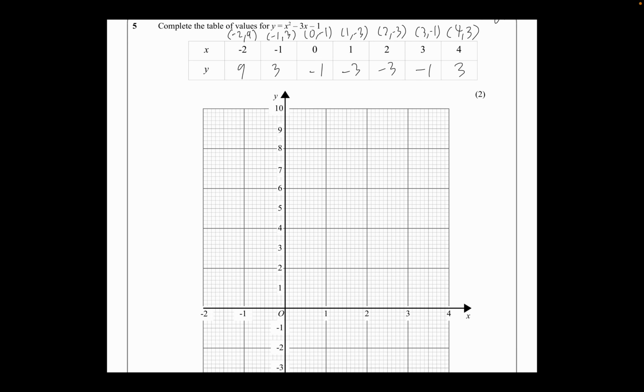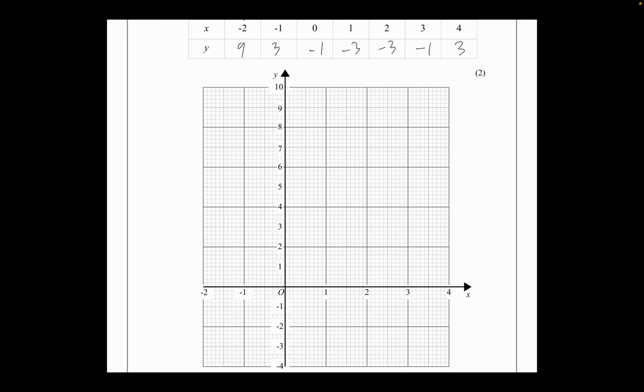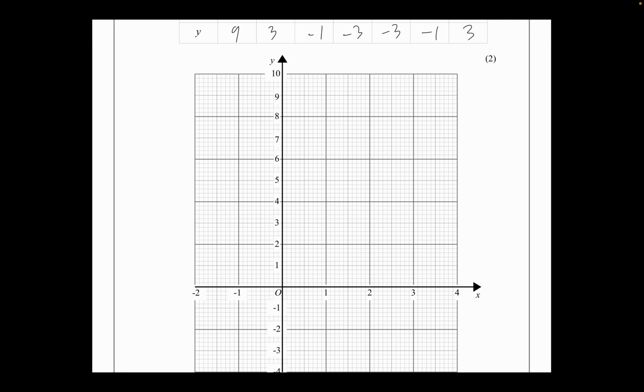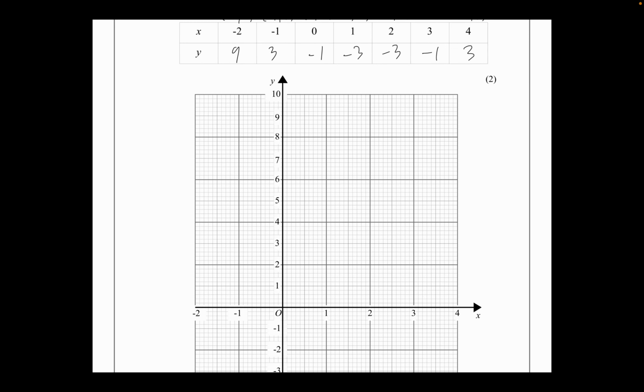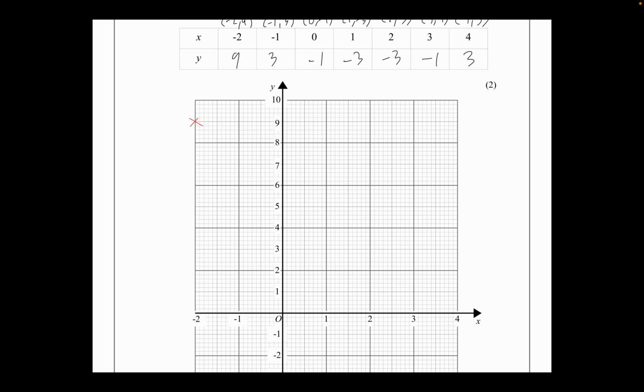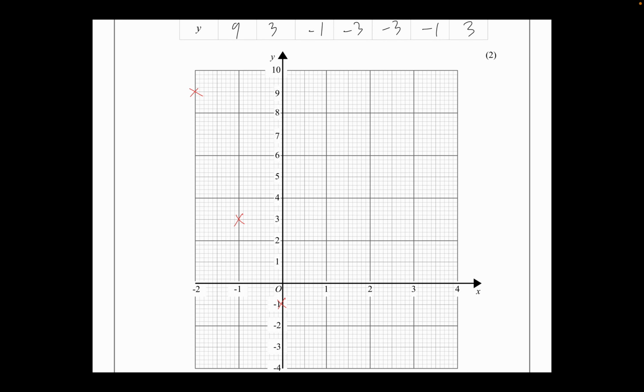Okay, now we're just going to be plotting the points here. So the first point is -2 and 9. So we can see that the points have to be plotted here. Then -1, 3, it's here. 0, -1, the x value is 0, so that's somewhere here. 1, -3, that's somewhere here.